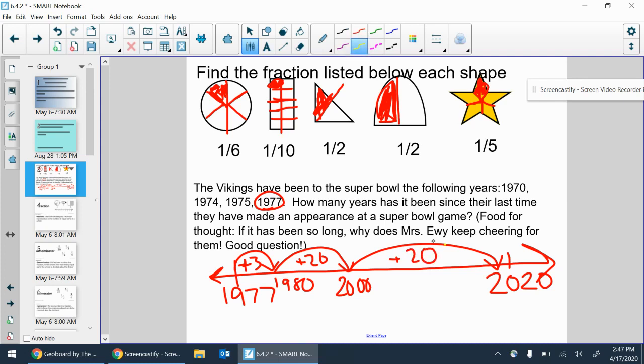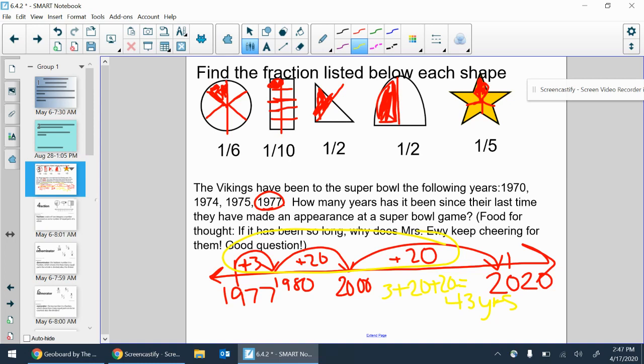So all I have to do now is add up on the top 3 plus 20 plus 20, and it has been 43 years since the Vikings have gone to the Super Bowl.